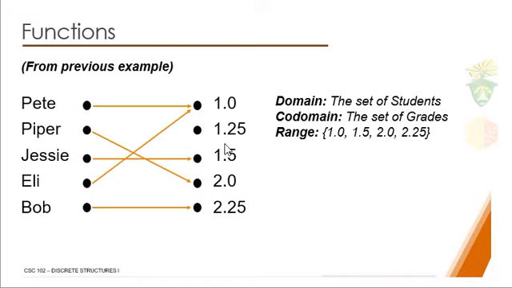So, nothing is linked or mapped to 1.25. That's why it's not included in our range. Though it is part of the codomain, it is not an element of our range.